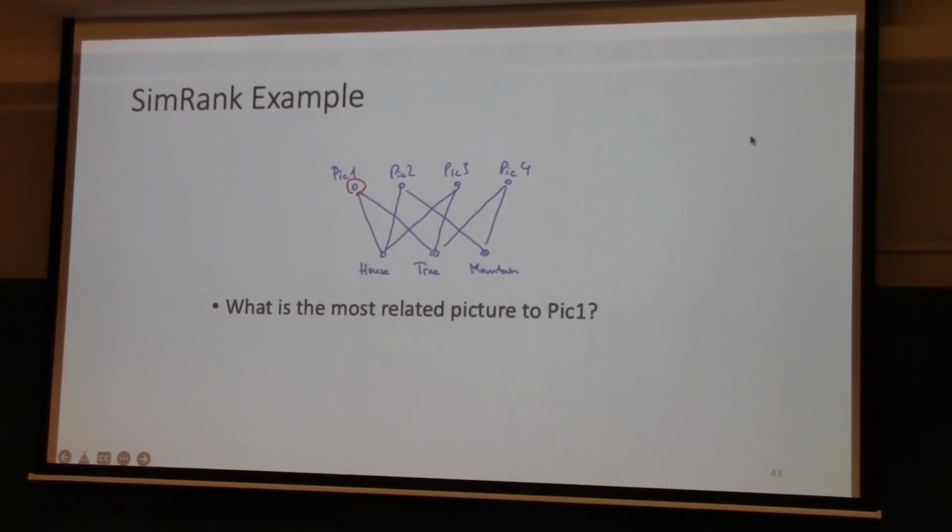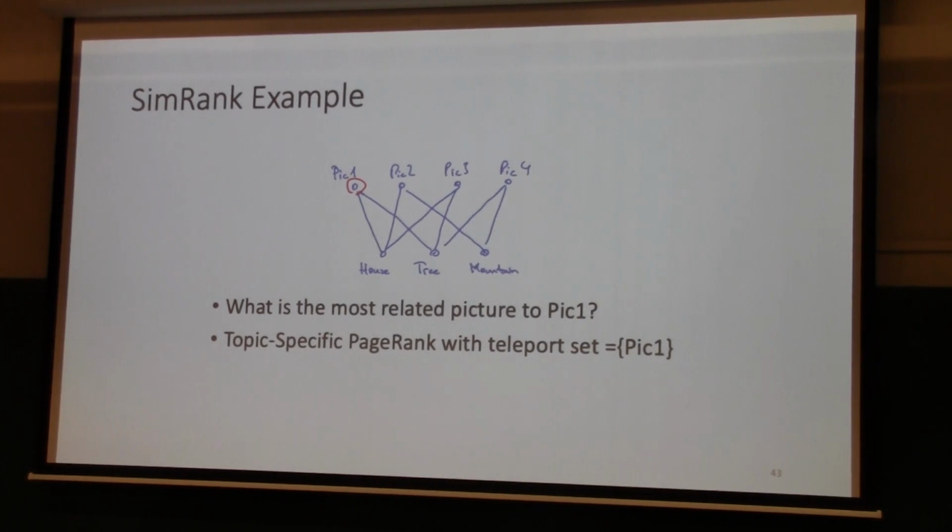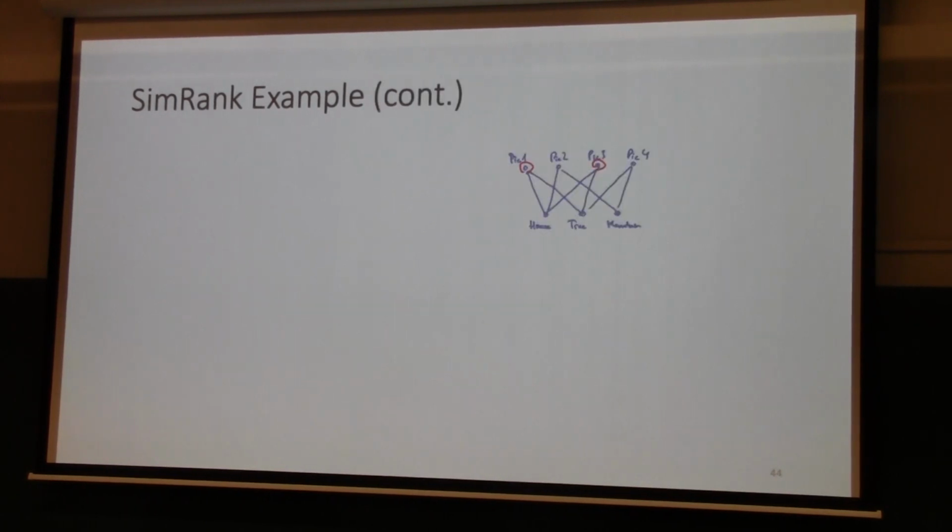So here's the example with the pictures. What is the most related picture to picture 1? Okay, you have your teleport set, which is picture 1, and you do your random walks with the restart, and the result of this is going to be picture 3.